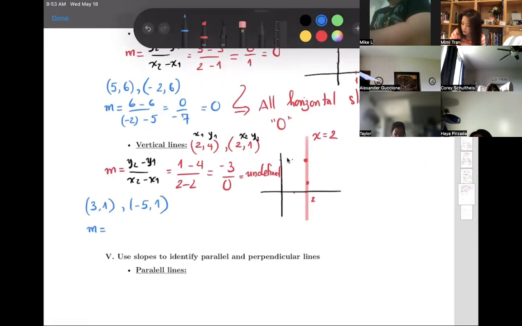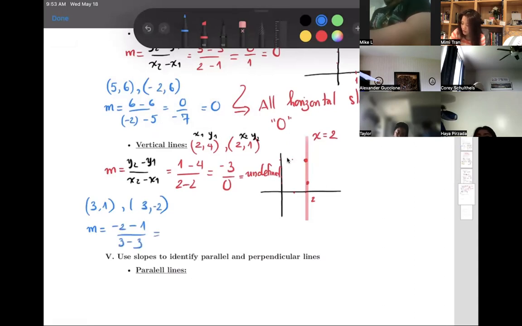No, wrong. 3, 1 is fine, but let's make the other point 3, -2. So y2 will be -2 minus y1 is 1, x2 is 3 minus x1 is 3 also.